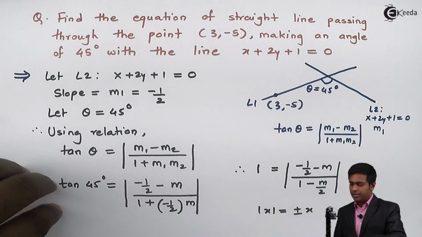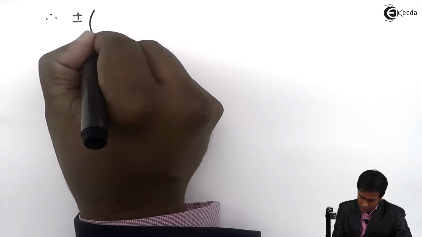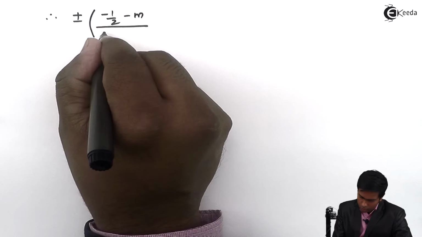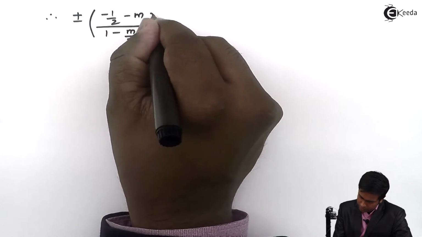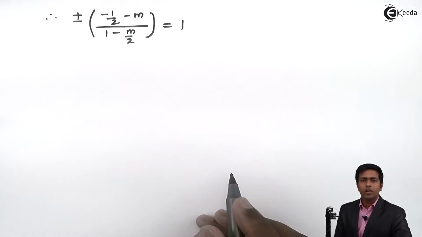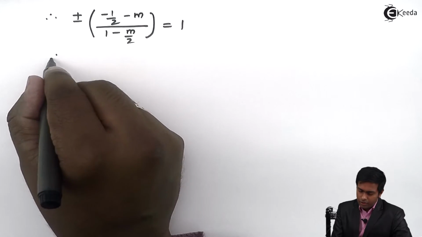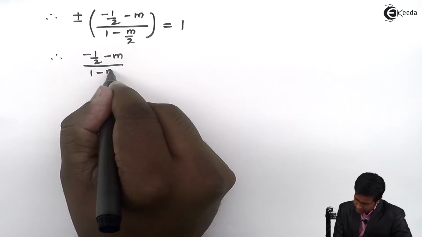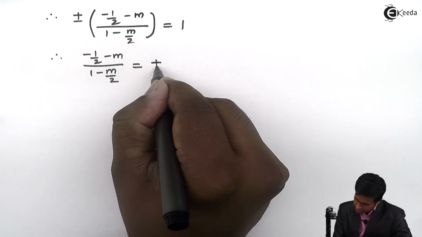So in this case we will get plus or minus of (-1/2 - m)/(1 - m/2) equal to 1. So here we are getting two values, that is (-1/2 - m)/(1 - m/2) is equal to plus or minus 1.